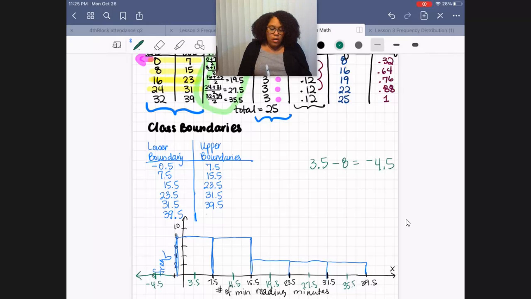I'm going to start with an ordered pair of 0 as the frequency right there. Then on the other end, past the 39.5, I can take the highest midpoint and add my class width to it. And I'm going to get my final midpoint of 43.5. Again, this is going to end up being a point with 0 as its frequency.